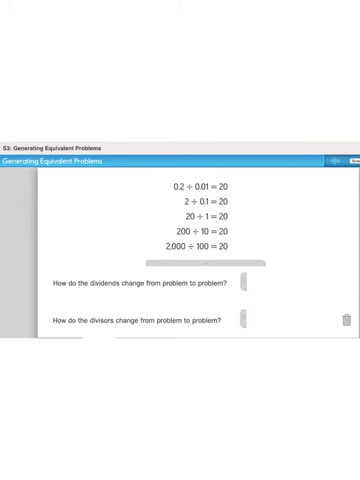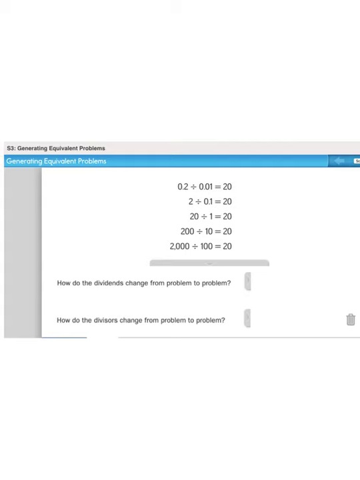So here we have the answers to each one of the problems that we had in our math message. What kind of patterns do we notice? Notice that the problems all have a 2 in the dividend, which is the first number in each of these equations.